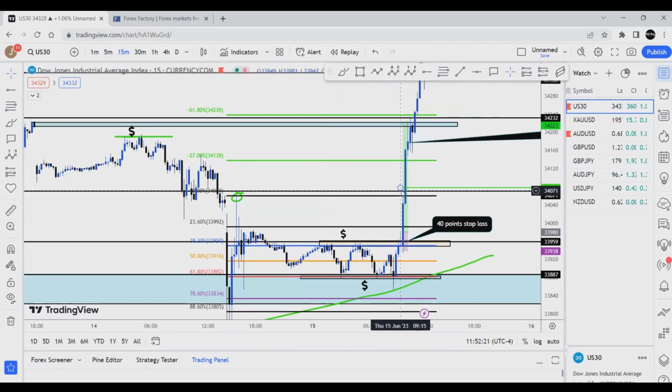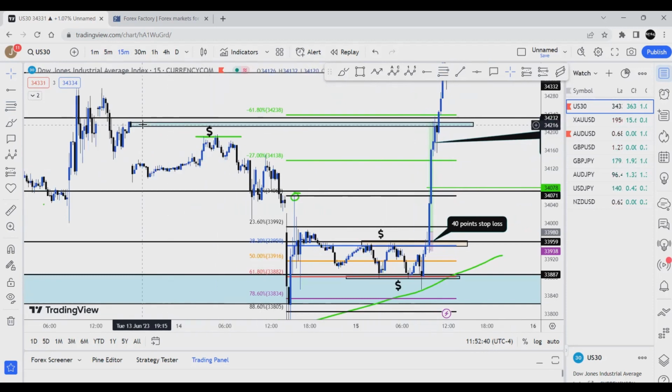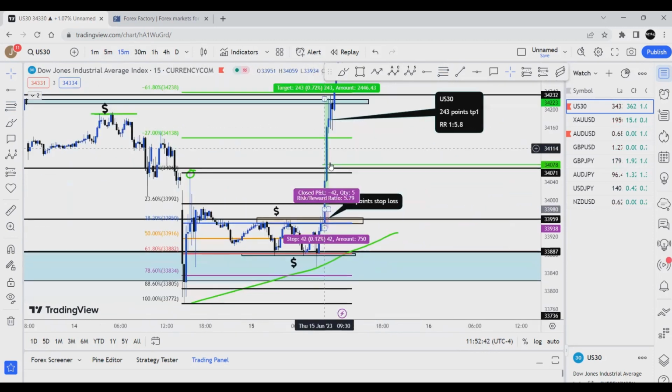So first target was 100 points, 1,000 pips. But as you can see, we have the negative 27. So the first target would be the 0%, second would be negative 27, third is the negative 61.8%. We targeted a little bit below that negative 61.8% to fill off that imbalance, and price played out well.